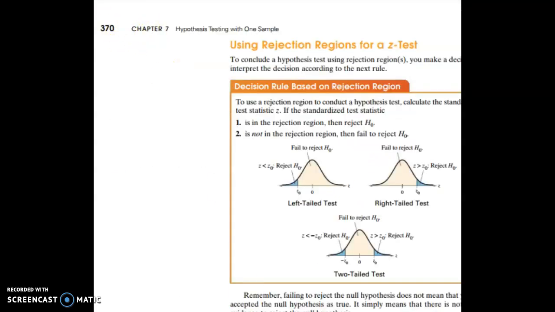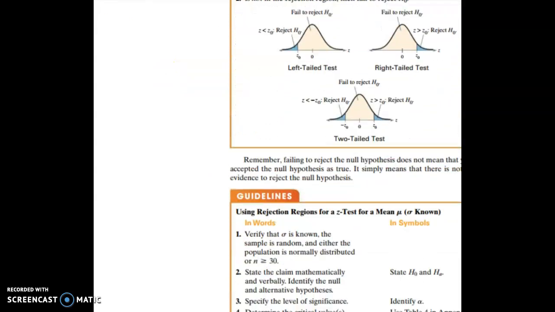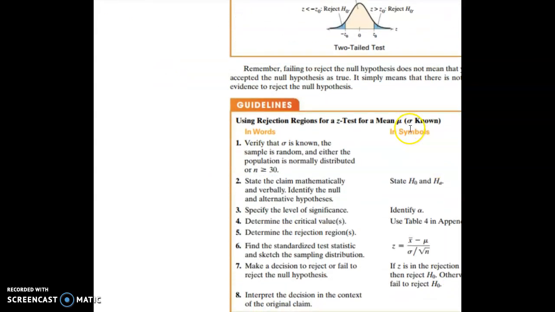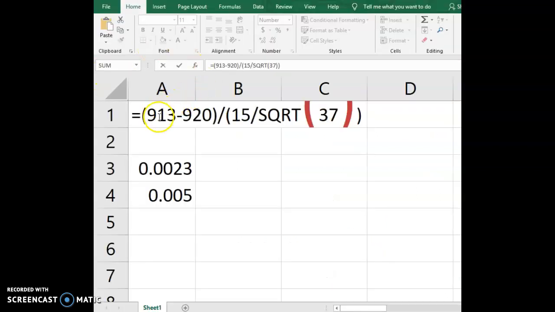In 7.2, this is a situation where we know the population standard deviation. So we're going to use this formula here to find the standardized test statistic and our p-value. So in Excel, we take our sample mean minus our null hypothesis for the mean.